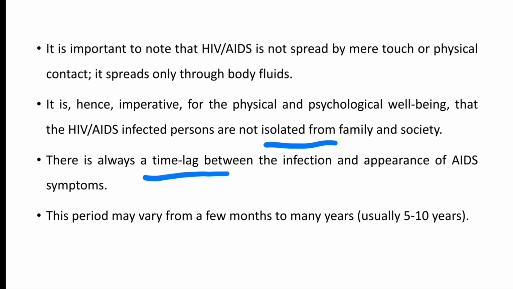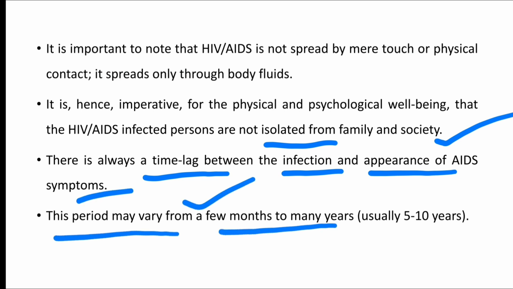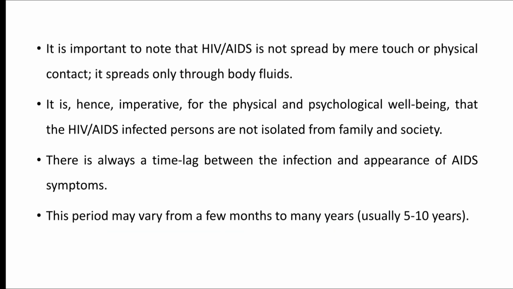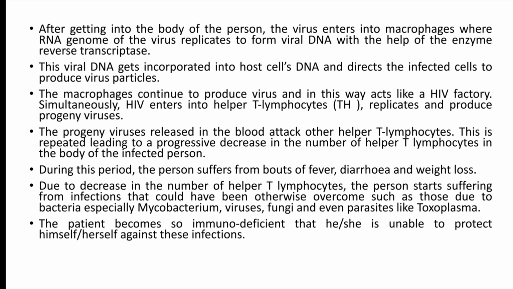There is always a time lag between infection and appearance of AIDS symptoms. This period may vary from a few months to years, usually 5 to 10. After getting into the body, the virus enters into macrophages, where the RNA genome of the virus replicates to form viral DNA with the help of the enzyme reverse transcriptase.